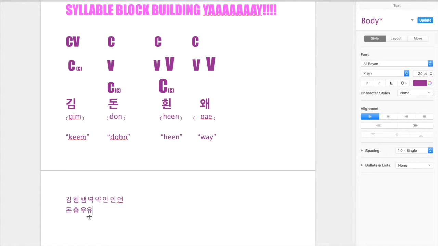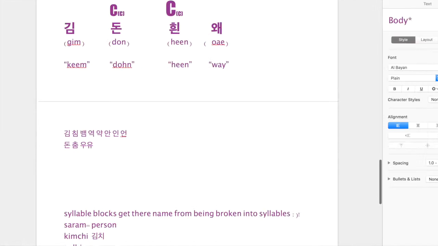So you don't have to end with a consonant, let me just say. You can just have it like that. As long as you have consonant, vowel, you can end the syllable block. But just know that if it's going to be a horizontal one, you're going to want this second system. I know it's kind of difficult right now, but don't worry, it'll get easier.